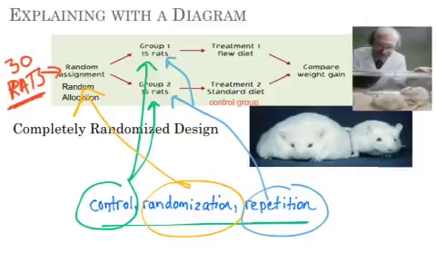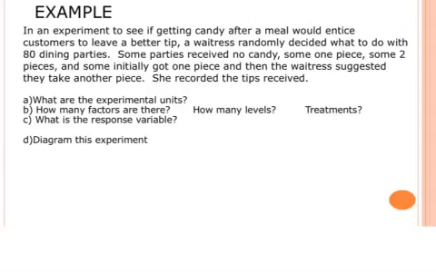Now you try an example. Again, think about how many factors or levels or treatment groups you're going to need when you're diagramming your experiment. So in an experiment to see if getting candy after a meal would entice customers to leave a better tip, a waitress randomly decided what to do with 80 dining parties. Some got no candy, some 1 piece, some 2 pieces, and some got 1 piece, and then the waitress suggested they take another.